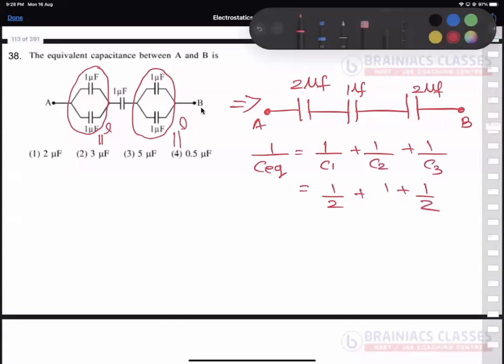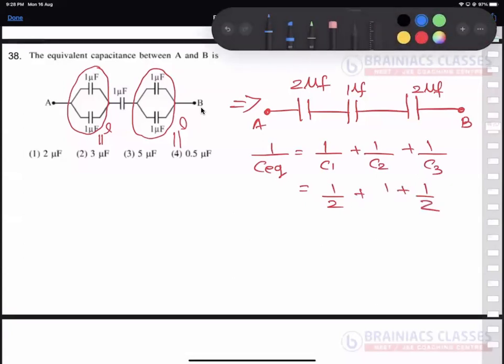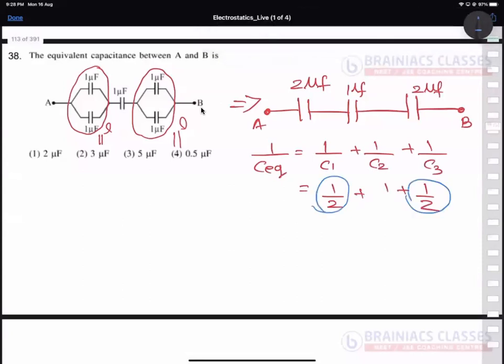Now 1 by 2 means what? Half. So half plus half is equal to 1, plus the middle 1. So what will we get? We'll get 2. So 1 by C equivalent equal to 2. Correct?